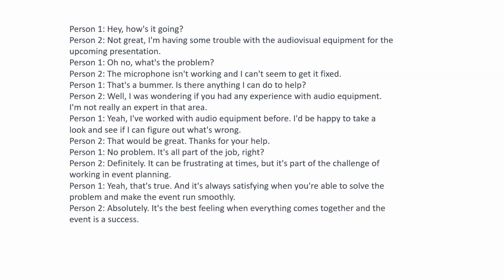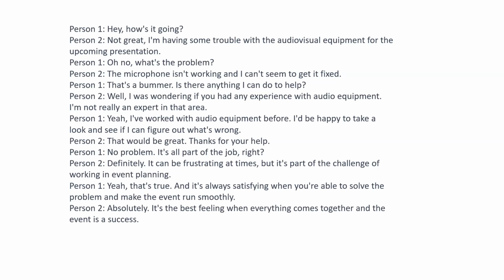I'm not really an expert in that area. Yeah, I've worked with audio equipment before. I'd be happy to take a look and see if I can figure out what's wrong. That would be great. Thanks for your help. No problem. It's all part of the job, right? Definitely.